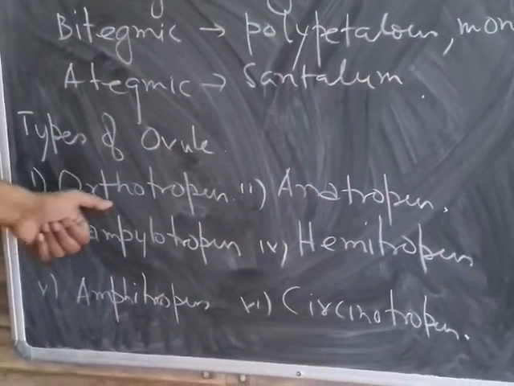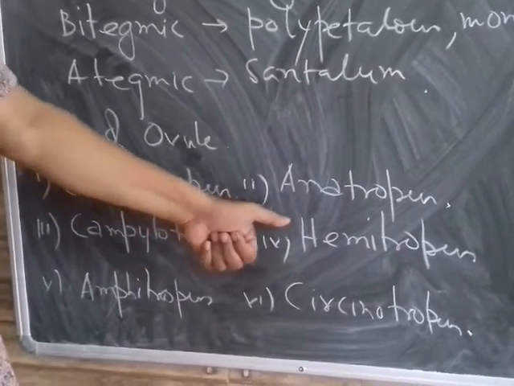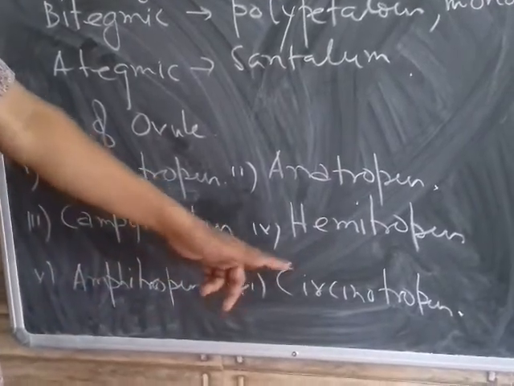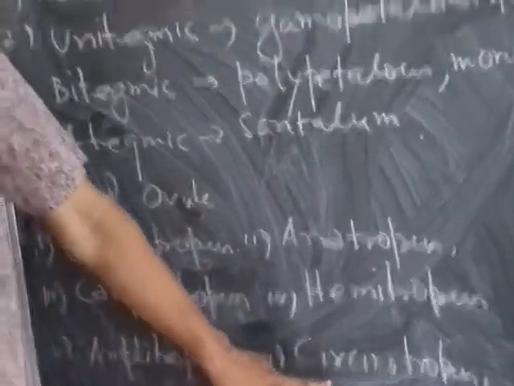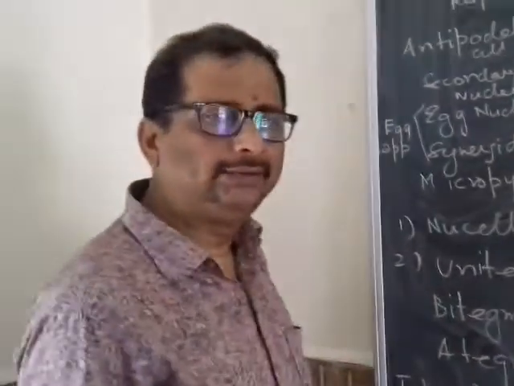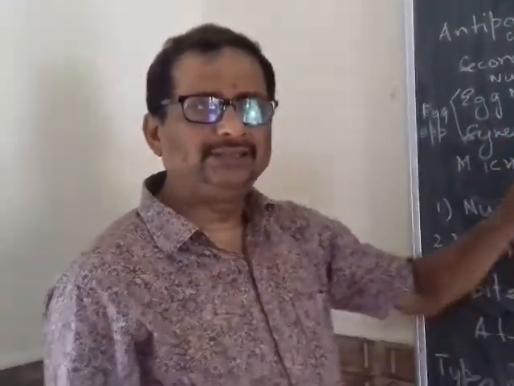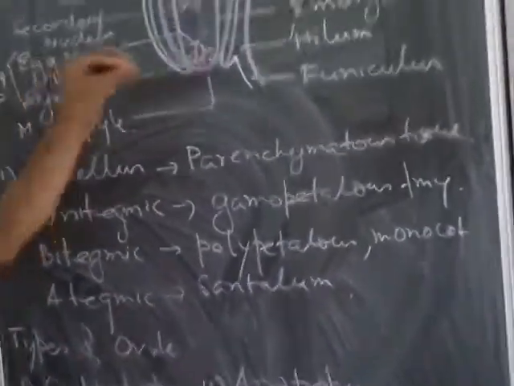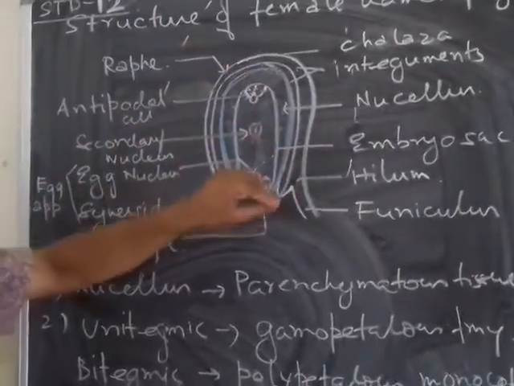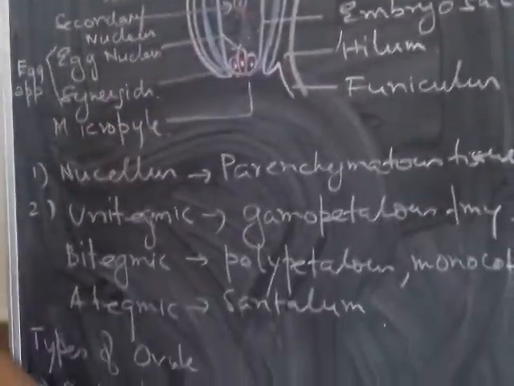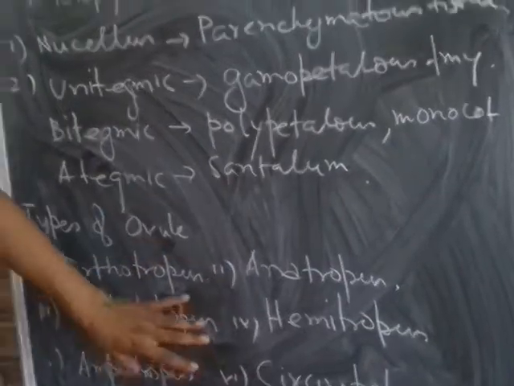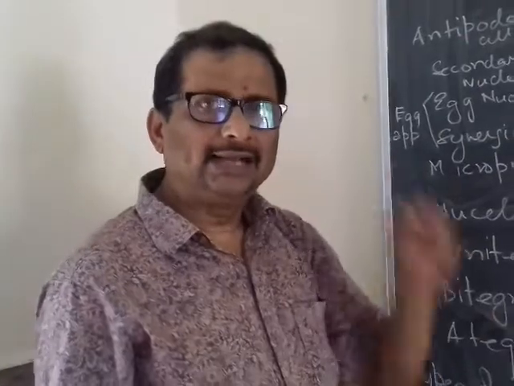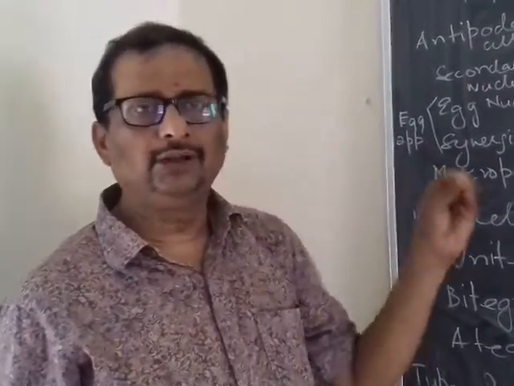These are orthotropous, anatropous like this one, campylotropous, hemitropous, amphitropous and circinotropous ovules. Each requires a diagram showing how they are positioned, and at what angle the micropyle, chalaza and funiculus are attached. You can expect one question with the diagrams of the different types of ovule along with their names.